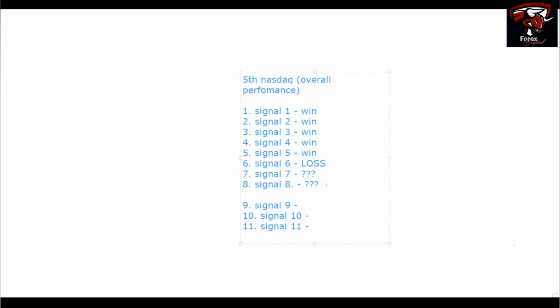We normally send all the results in those groups, right? You go through each and every result, check their lot sizes, account types, balances, entry points, exit points, whether they have any TPs or stop losses. More or less, you should be able to understand the difference between what you've done and what they have done. Therefore, on the next signal, you should be able to improve.